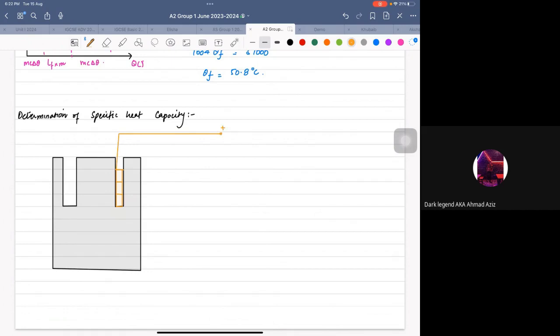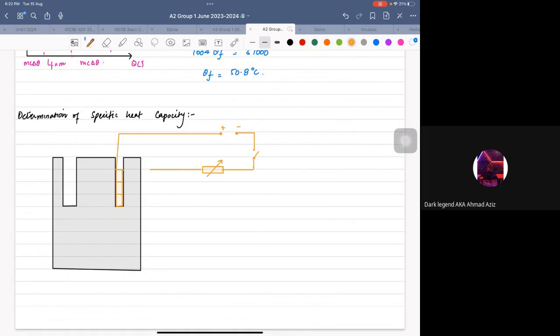Let's call this positive, let's call this negative terminal, and then you need to draw a switch, which is optional. If you don't do that, that's fine. And from this point onwards, you need to put a variable resistor as well. The variable resistor is required so that you can control the amount of current that flows, to make sure that any effect of heating can be minimized.